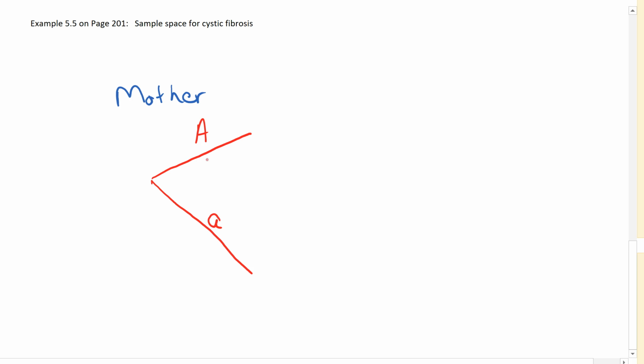So it's an either-or situation, okay? This is for the mother. Now, if the mother gives a dominant, the father can still give either a dominant or a recessive gene, okay?